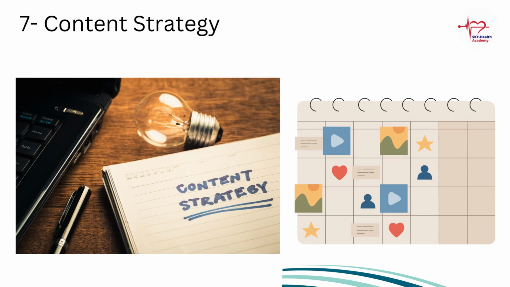Now we come to one of the most important components of the strategy, which is the content strategy. Here you need to do a few steps. First, create a content map outlining the types of content to be used. Second, you have to develop a content calendar.